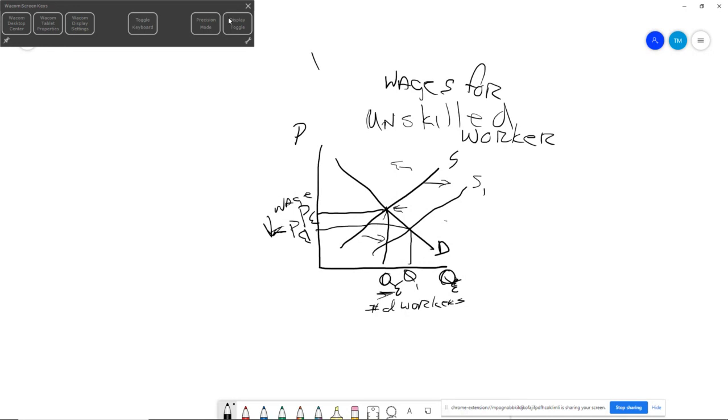Now, the individuals that were already here, they may need to get 2 jobs to make the same amount of money. Now, if we have a major movement to the left, we see the wages go up. Basically, the cost of factory production will increase.